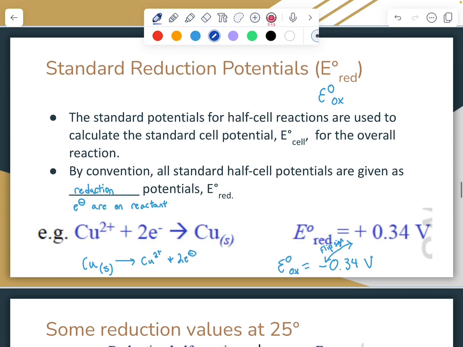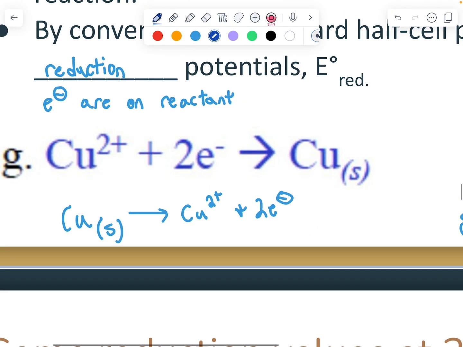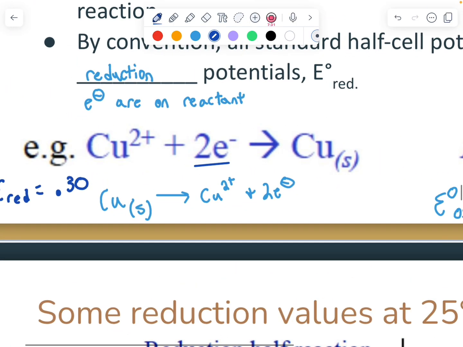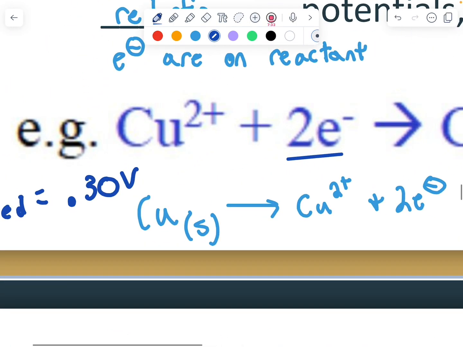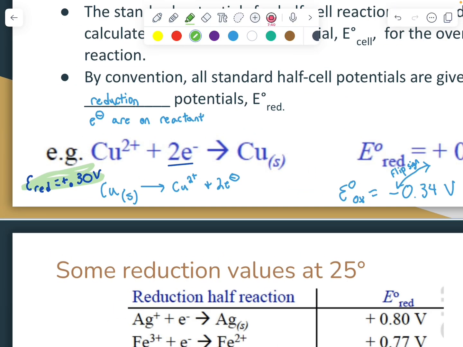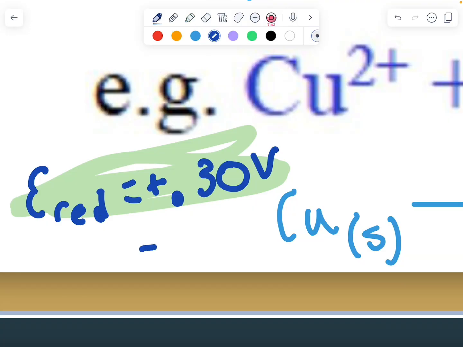If this reduction potential, because it's gaining 2 electrons, were equal to 0.3 volts, it would be 0.3 volts because we're getting reduced. But if copper was getting oxidized, we would have to flip the sign and say this is a negative 0.3, because we're essentially flipping the whole reaction.